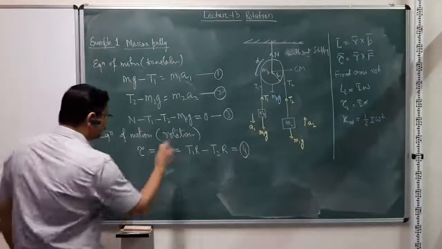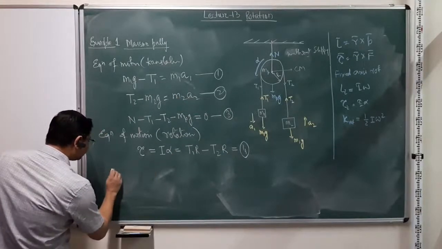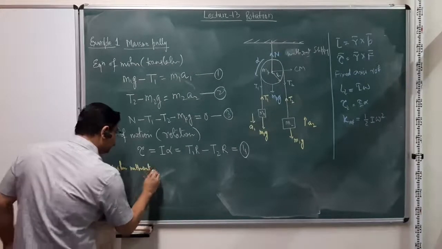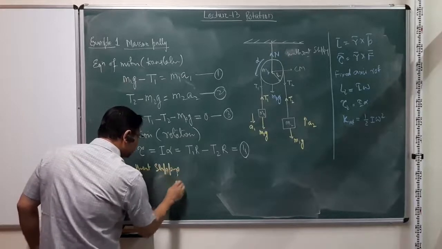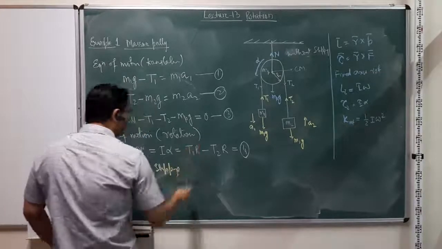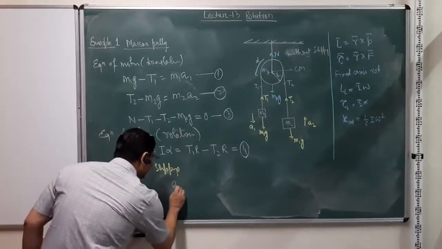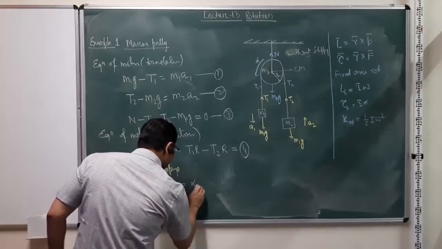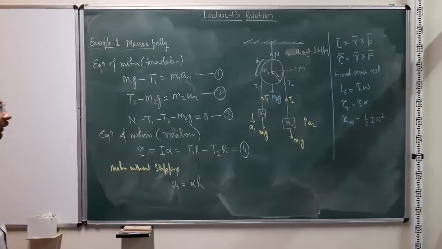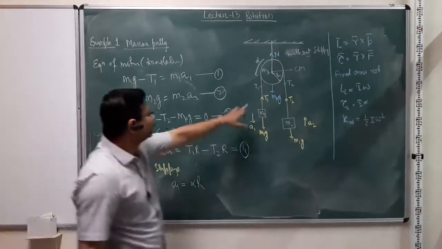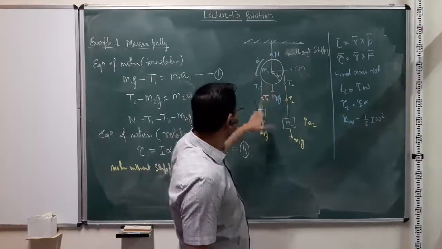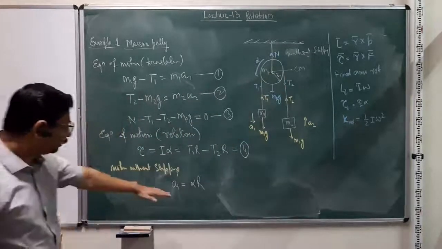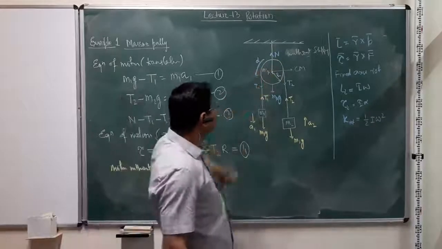If that is the case, then for motion without slipping, we have another condition which says A1 in this case is equal to alpha r. Because the acceleration of this mass is simply going to be equal to the total rotation in this one, right?